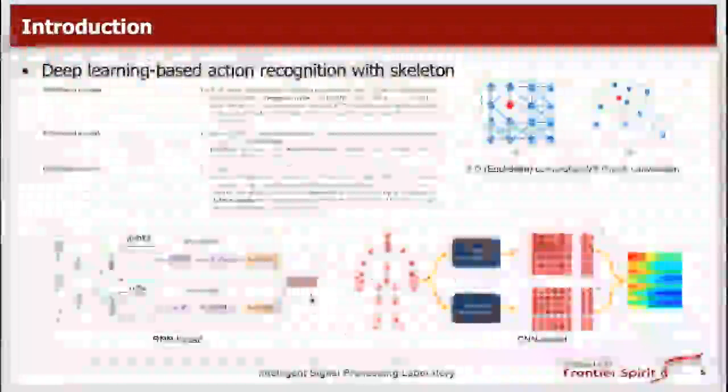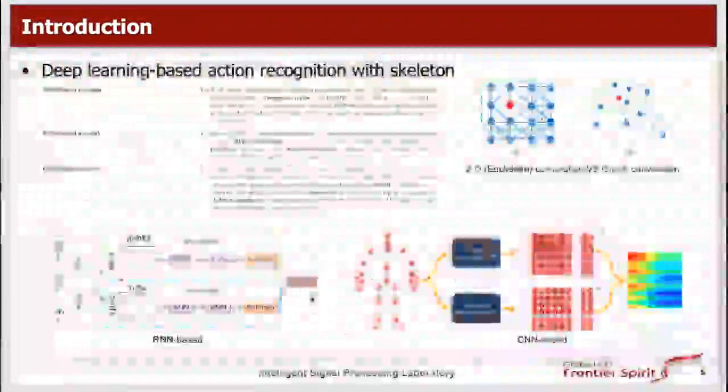In recent years, deep learning methods have been widely applied in the action recognition task. The early methods are RNN-based and CNN-based. We can see below two example figures of the RNN-based methods and the CNN-based methods. The RNN-based methods take the skeleton sequence as a natural time sequence, a series of joint coordinate positions.